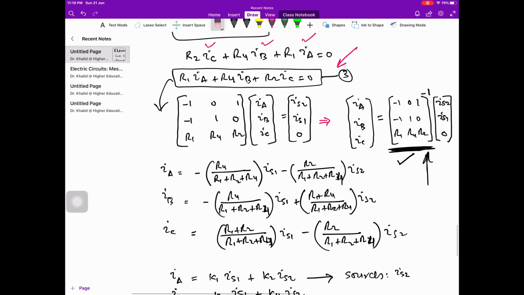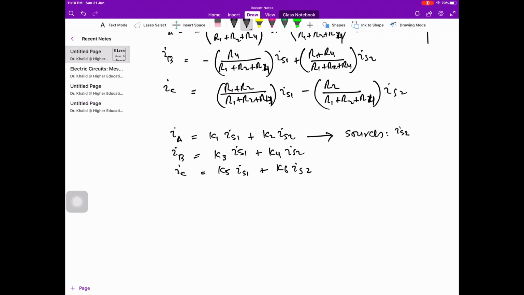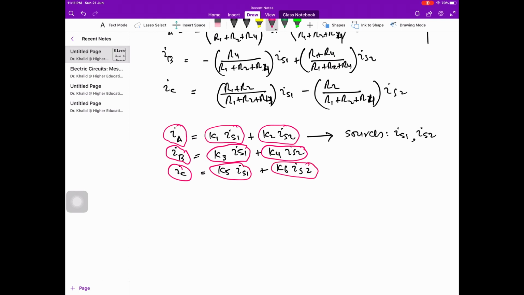So we have two sources, IS1 and IS2. IA is a scaled sum of these two sources. Similarly, IB depends on IS1 and on IS2. Similarly, IC depends on IS1 and on IS2.